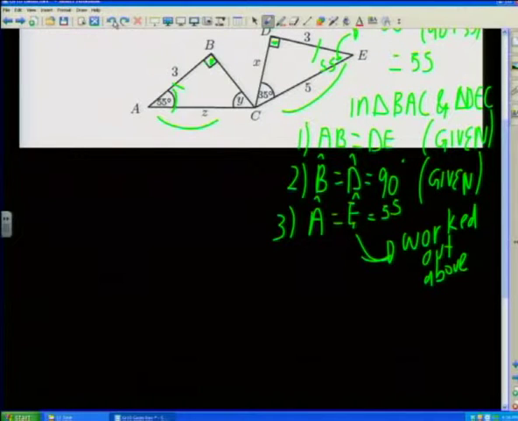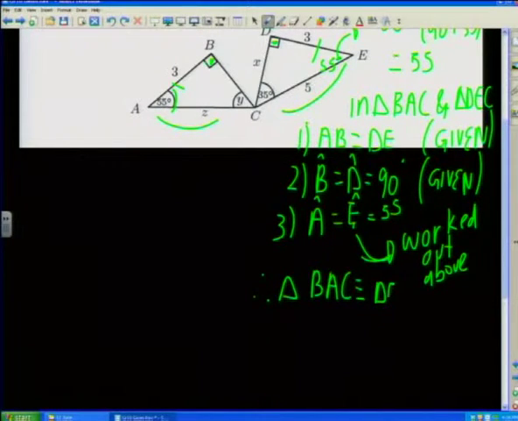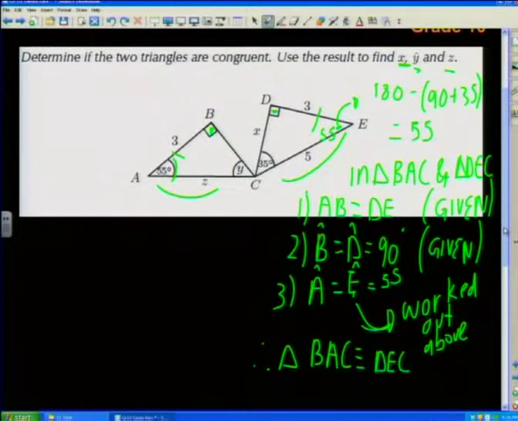So therefore, and it's really important, your order, as I was saying the whole time, you should keep that in mind. Therefore, the triangle that we're looking at, triangle BAC, is congruent to DEC. Now, before I actually give the reason here, let's go and see that this is true, that the sides are in the right order.